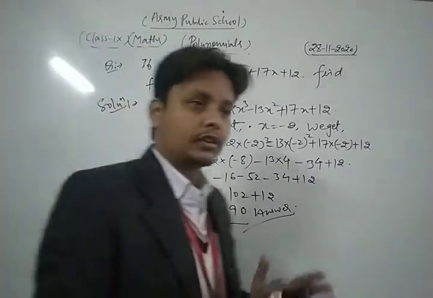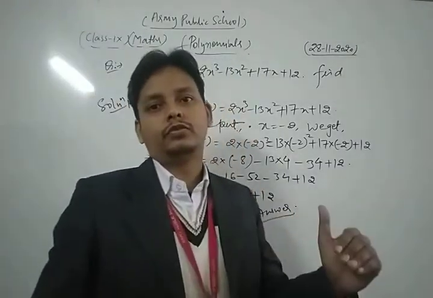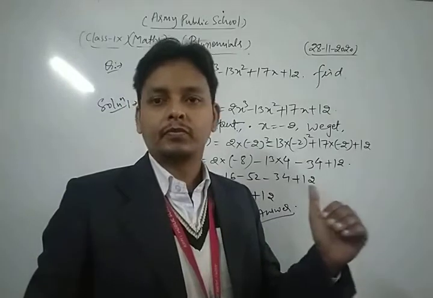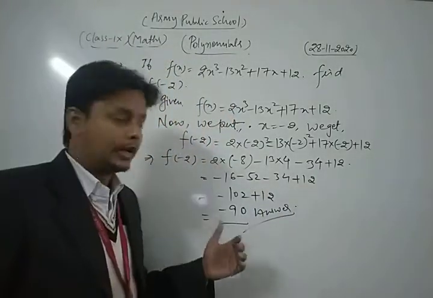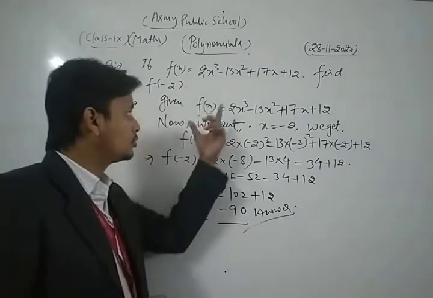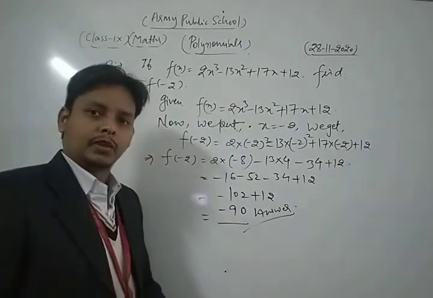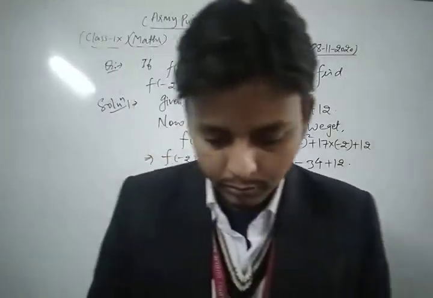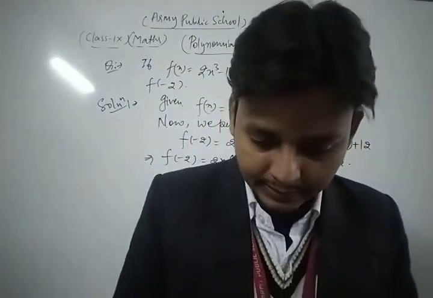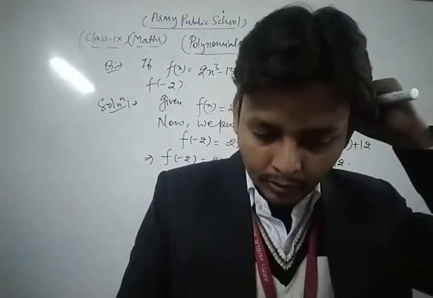So this is the concept of finding the value of any polynomial at a given point, as well as the concept of zeros. If that value becomes 0, then minus 2 is called a zero of the polynomial. Now we take some other questions based on your NCERT exercise on the topic.